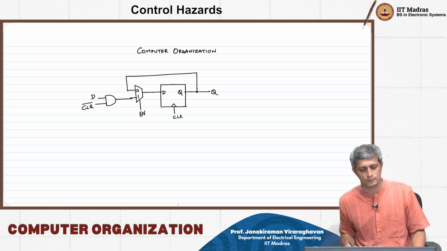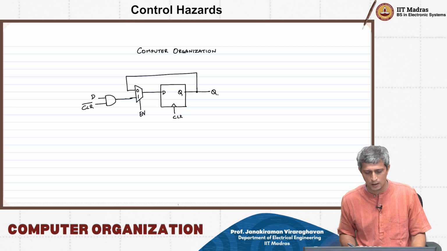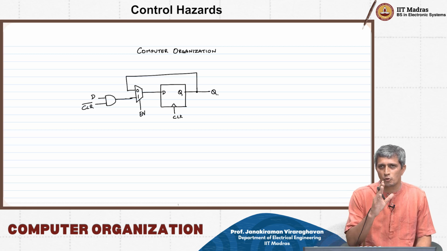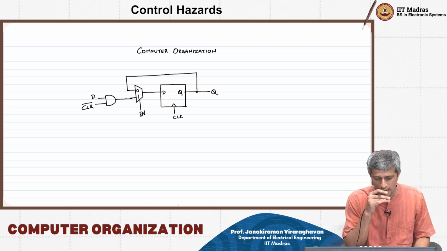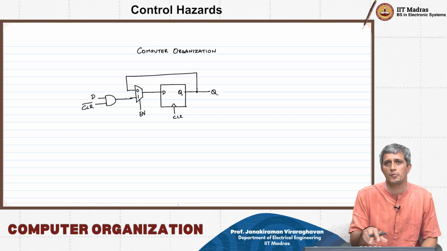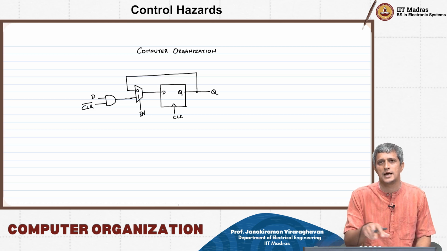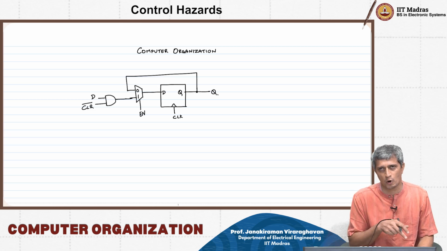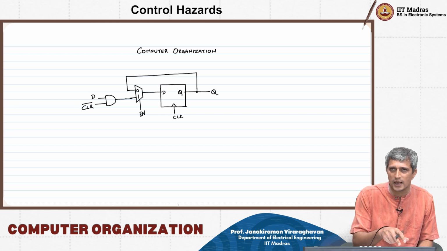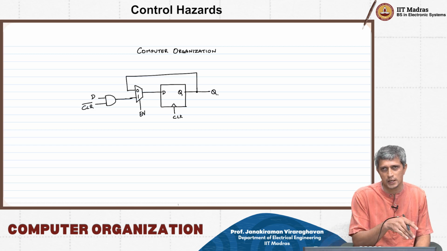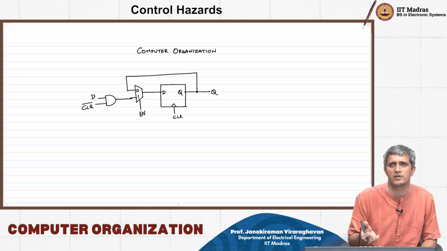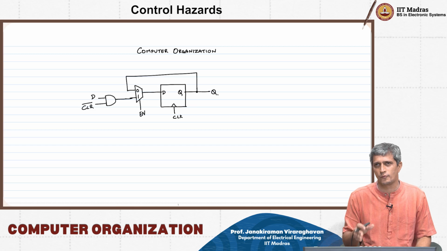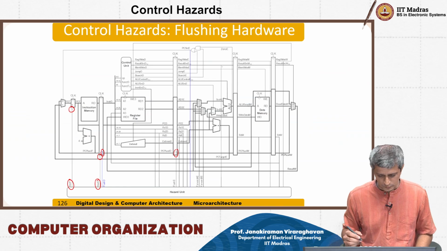If clear is equal to 1, then you want to make the output of the flip-flop equal to 0. Now the problem with this implementation is the enable has to also be high at this point, and at that point if you do a clear, then it will go through.